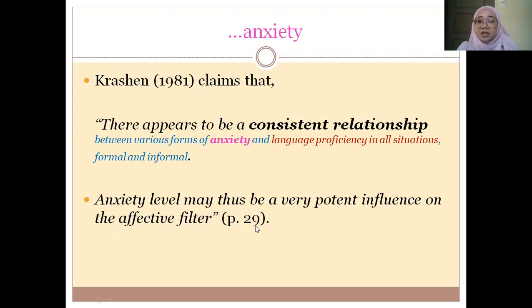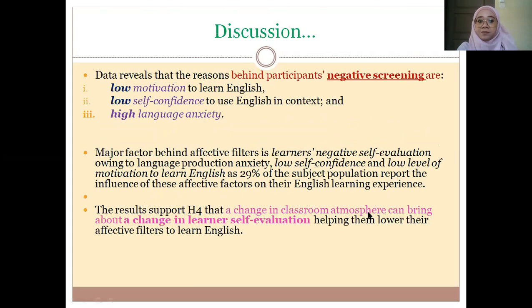Anxiety level may thus be a very potent influence of the affective process. Data reveals that reasons behind participants' negative screening are low motivation to learn English, low self-confidence to use English in context, and high language anxiety.